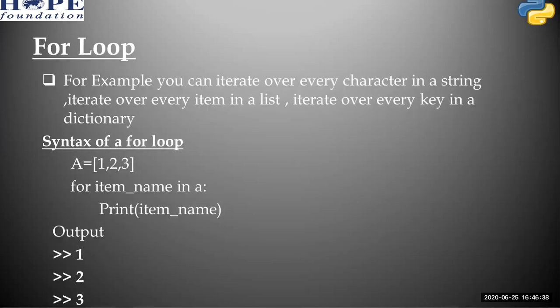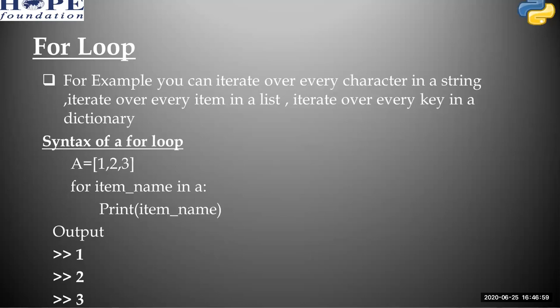For example, you can iterate over every character in a string, over every item in a list, and over every key in a dictionary. Here you can see a equal to 1, 2, 3 is a list, and I'm going to pass a in a for loop.